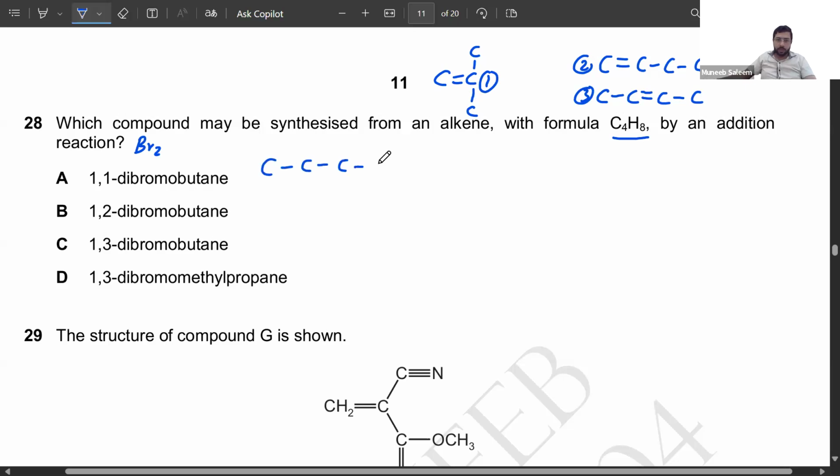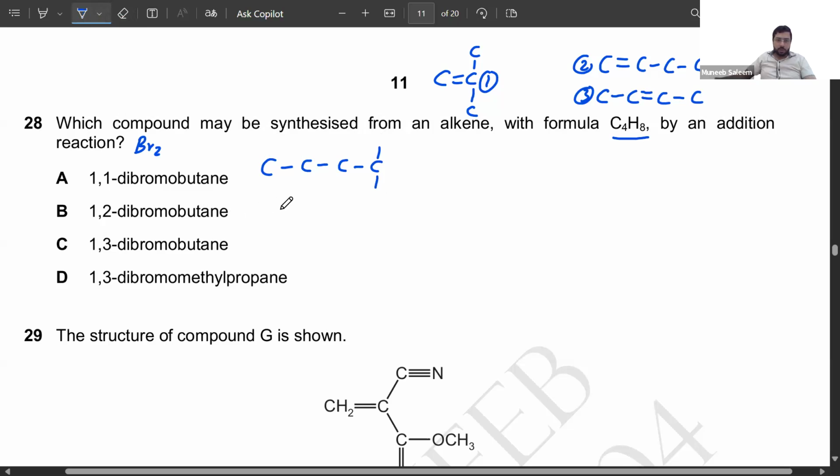There will be 4 carbon atoms, and 2 bromine atoms will be present on carbon number 1. I can number this carbon as 1, or I can number that carbon as 1, both are the same. So I'm going to put the bromine atoms on the rightmost carbon atom, one above and one below. These lines indicate that bromine atoms are attached on this carbon.